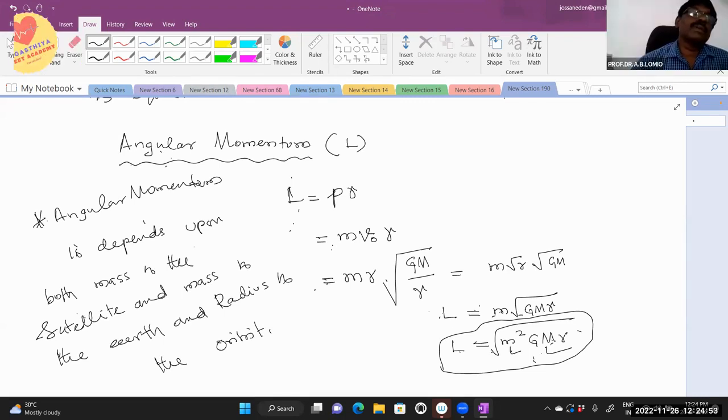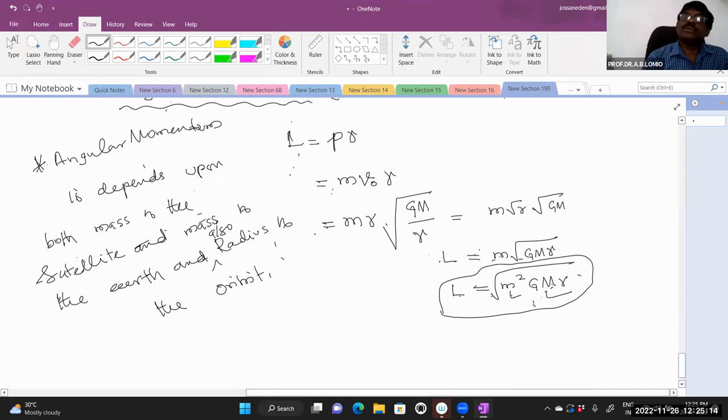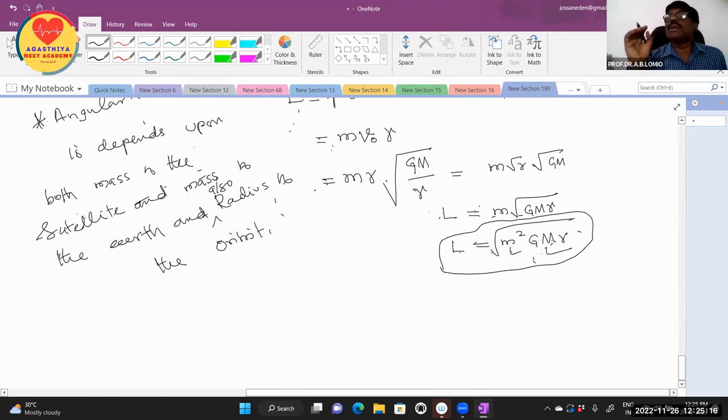The angular momentum depends upon both mass of the satellite and mass of the earth, and also radius of the orbit. Another very important note is angular momentum is conserved.